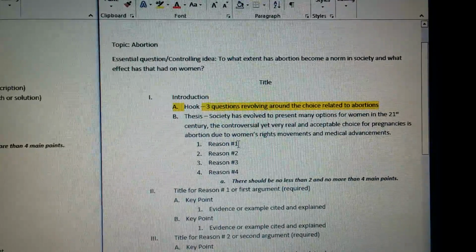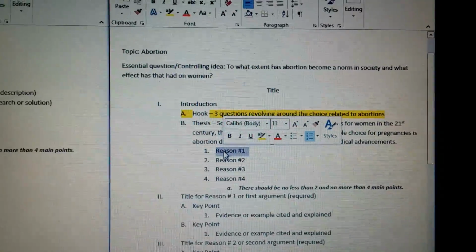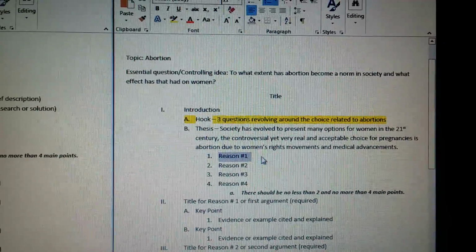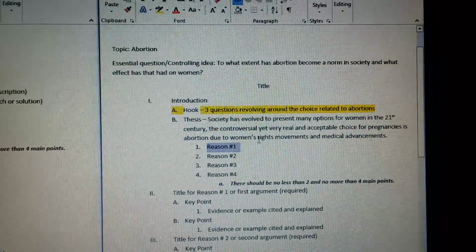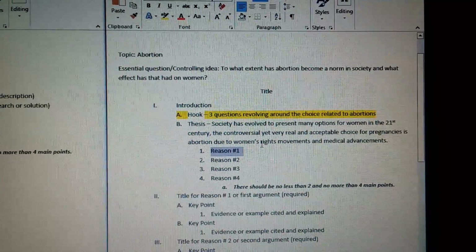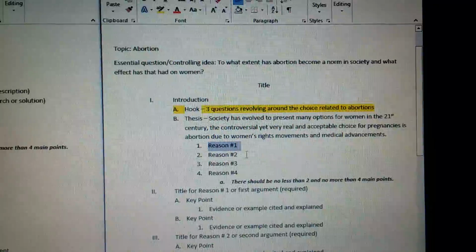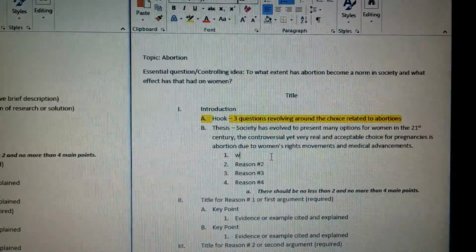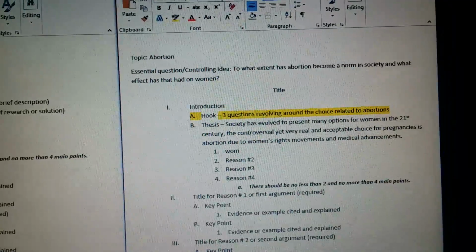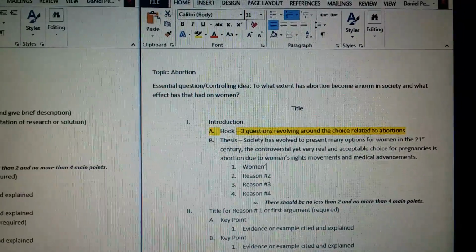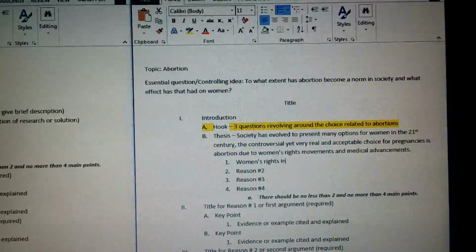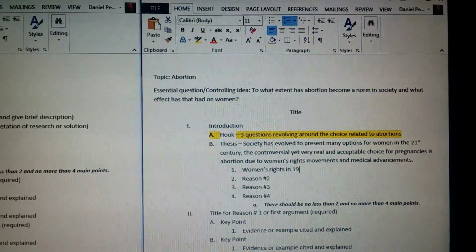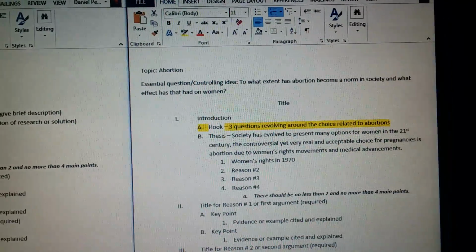Now, as part of my reasons down here, you're probably thinking, okay, if I already put them in my thesis, what am I supposed to put here? Maybe for women's rights movements, I have 2 things I want to talk about, right? So I would put my first talking point, which could be, let's just say it's women's rights in 1970.